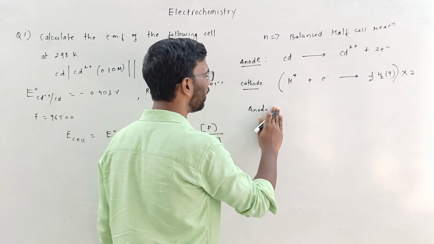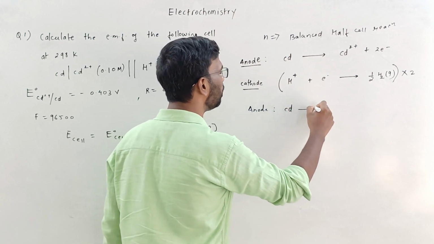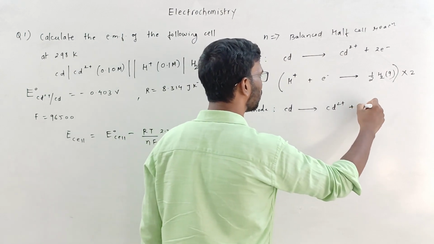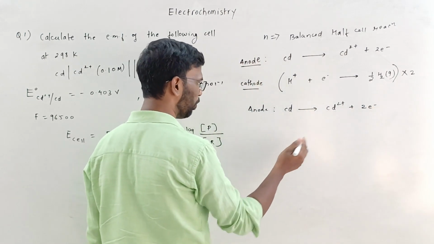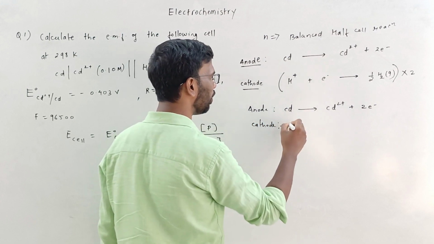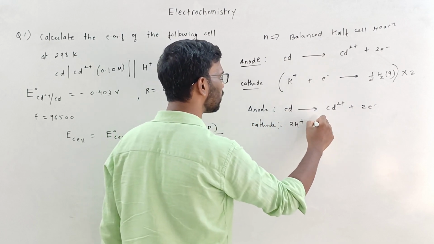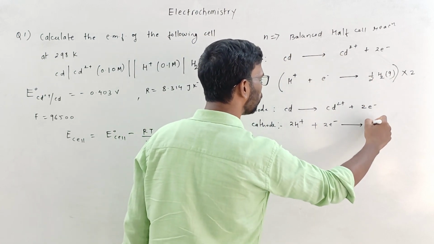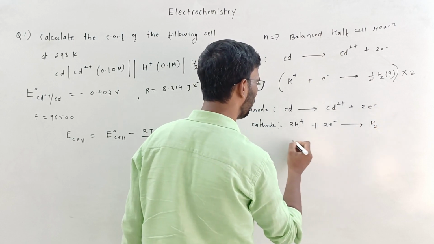The anode reaction is cadmium giving cadmium 2 plus and 2 electrons, and at the cathode, 2H plus plus 2 electrons, multiplied by 2, giving just H2, 1 mole of gas.